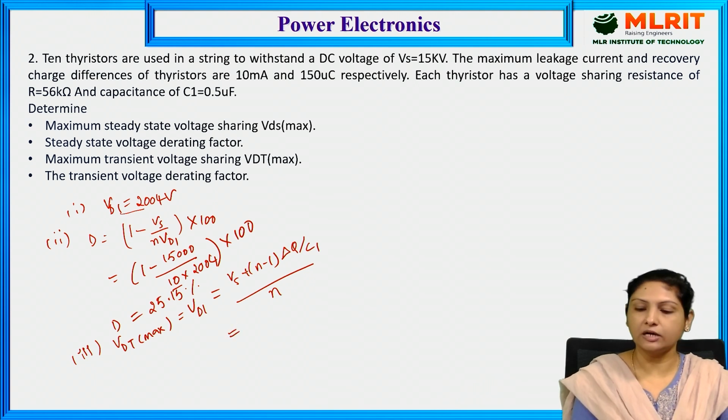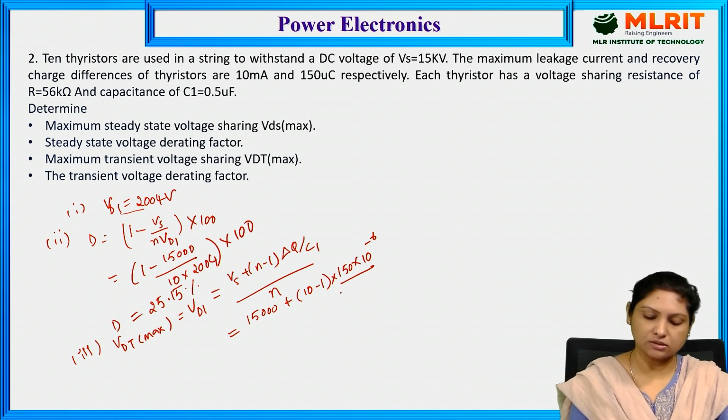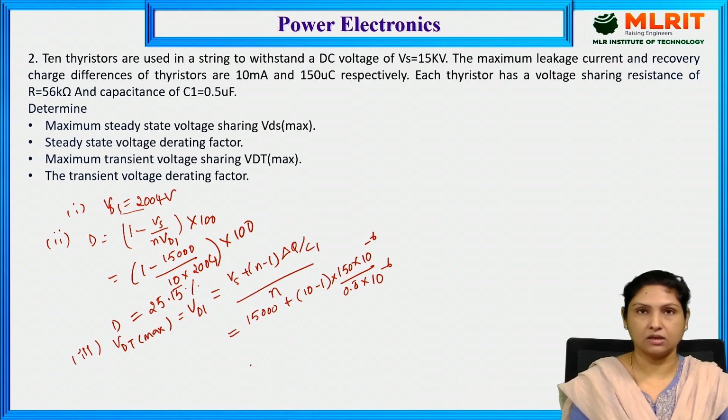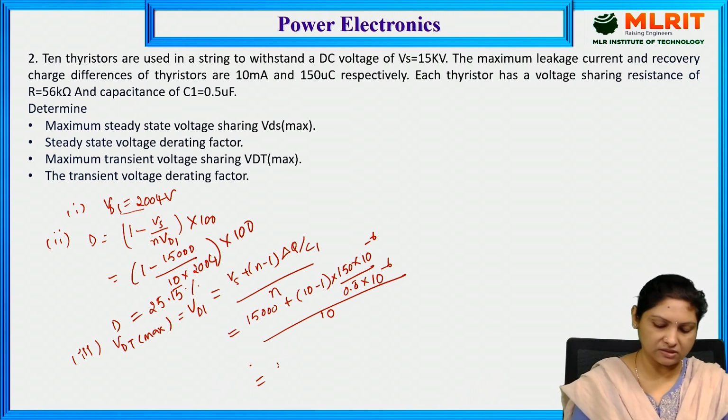So let me substitute: Vs is equal to 15,000 volts plus N minus 1, that is 10 minus 1, into delta Q, which is 150 into 10 to the power of minus 6, divided by the capacitance value 0.5 into 10 to the power of minus 6 farad, divided by N, that is 10. In that case, we get the maximum transient voltage sharing as 770 volts.